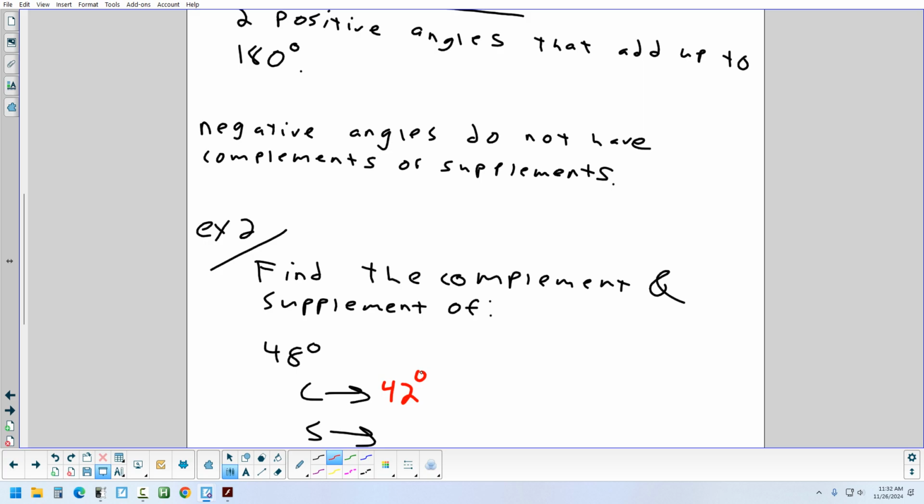132, perfect. Now, once we start working with radians, you're going to want to be able to do the same thing in radians too. It's better to become familiar with radians than to try to avoid radians, because it's going to be very cumbersome if you're not comfortable working in radians.